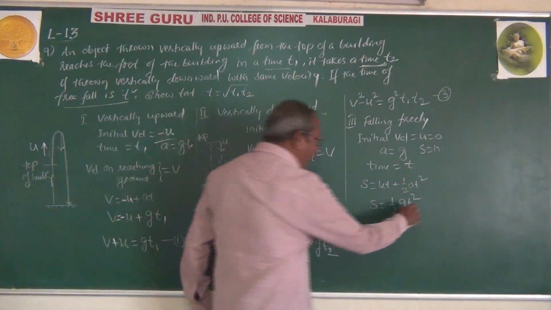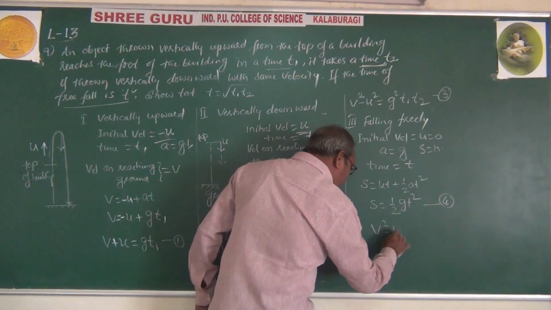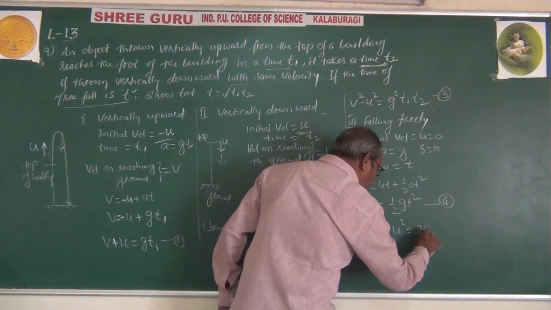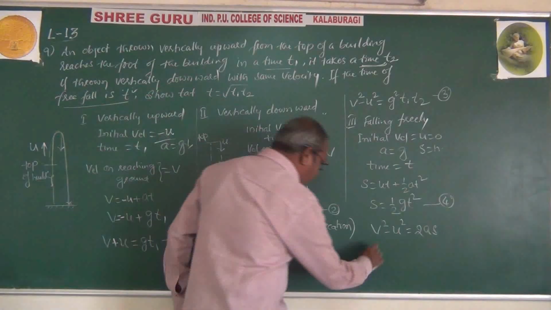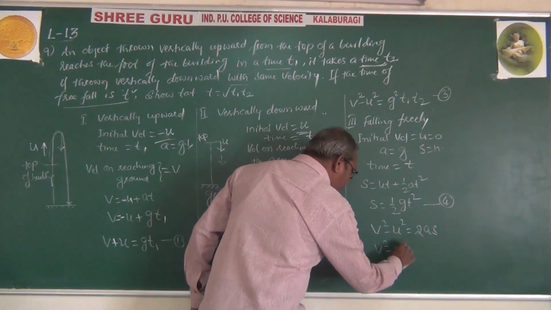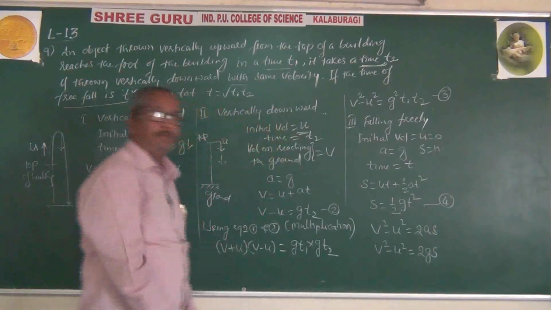One more equation we have: v square minus u square equals 2as. Here a is again g, so v square minus u square equals 2g into s.